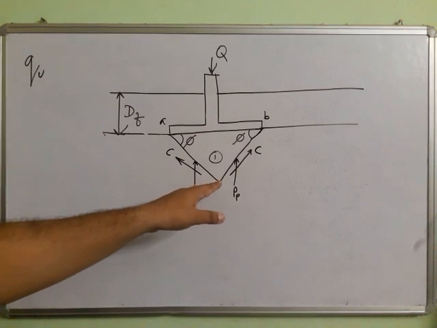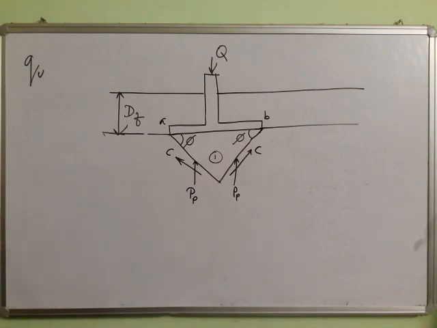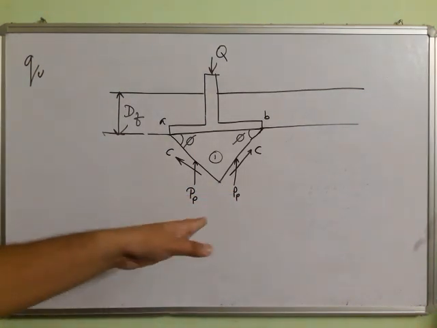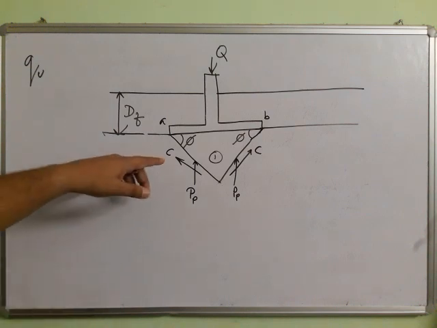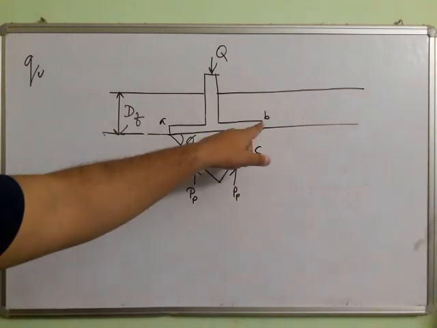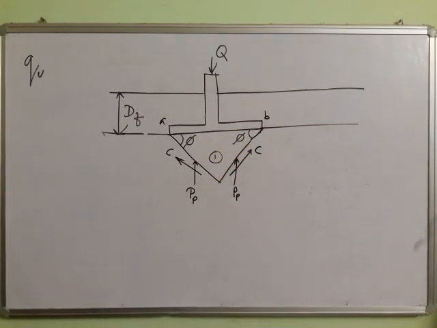And whatever soil is there outside zone 1, zone 2, zone 3, we have discussed, isn't it? They will try to resist it. So first of all, the resistance will be given by the passive resistance Pp on both these sides. And also there will be cohesion. At this surface there will be cohesion, so cohesion will also give a resistance.